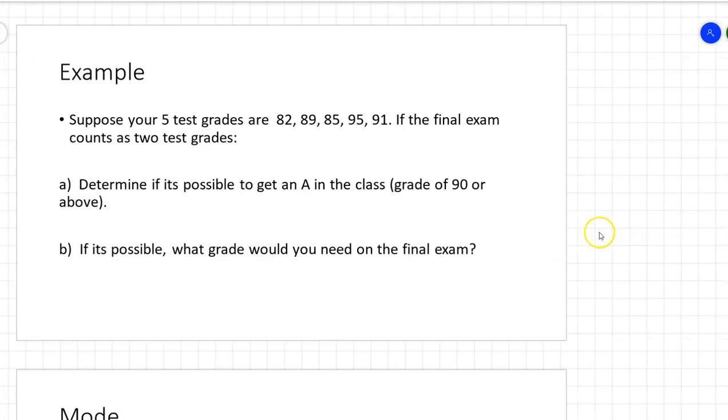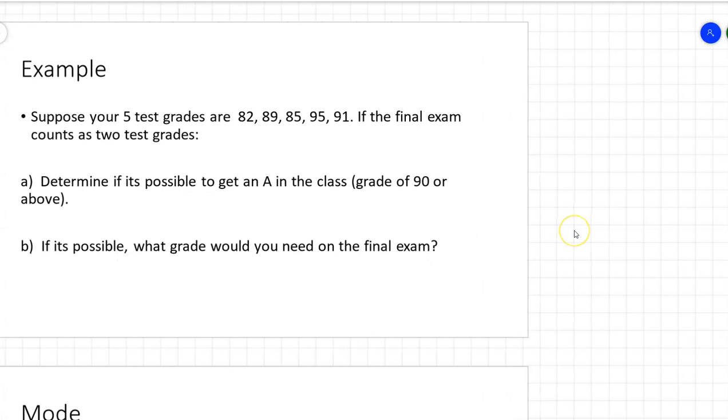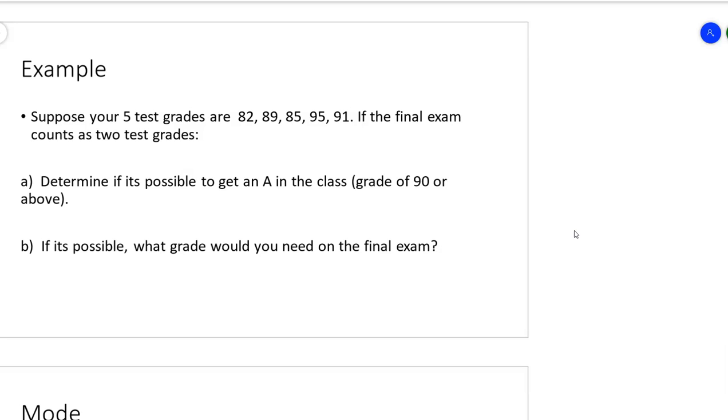So here I am. I'm going to calculate my average, except that really I have 7 grades, because it tells me that the final exam counts as 2 test grades. So 2 test grades for the final plus the 5 that I already have.